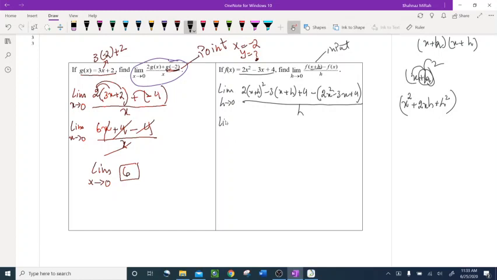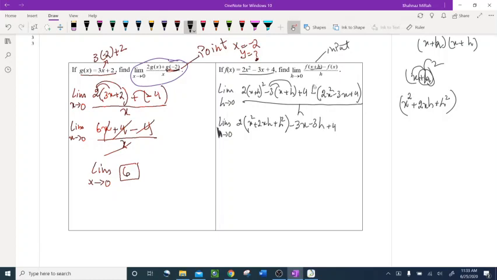So let's do that. Limit, and remember, for the AP test, you have to show them step by step. Don't skip any step. I leave the 2 and I did this, which is x squared plus 2xh plus h squared, close, and I can distribute this easily, which is going to give me minus 3x and minus 3h, plus 4 stays.